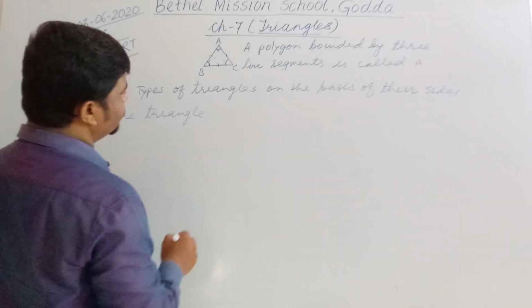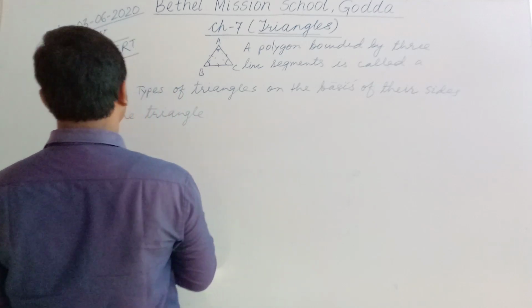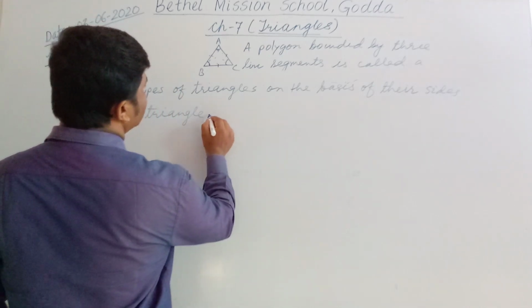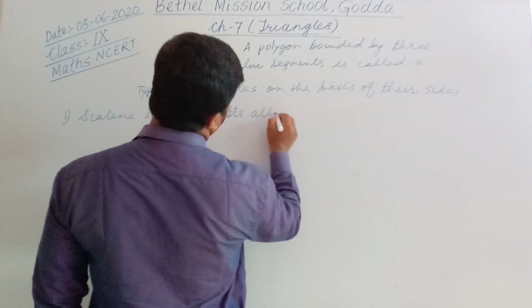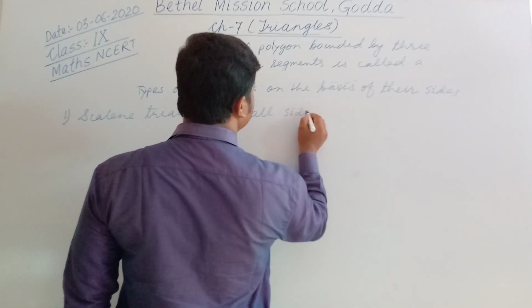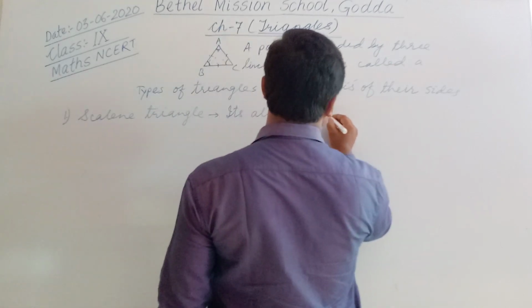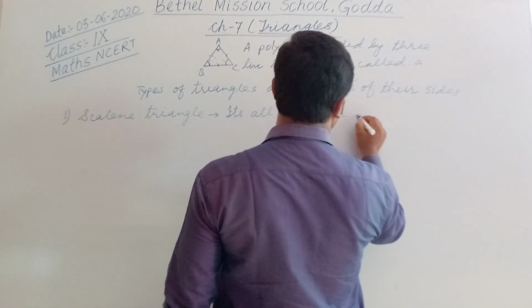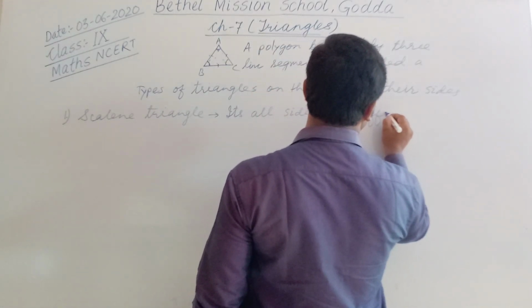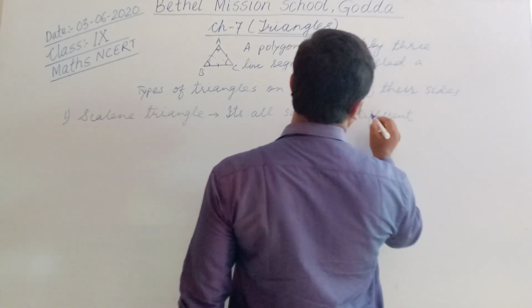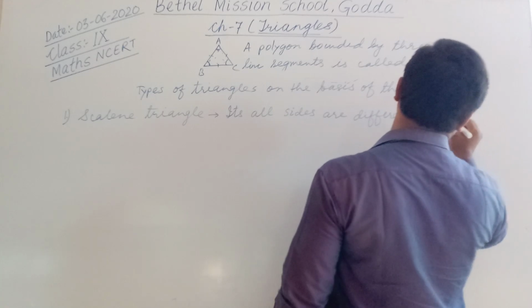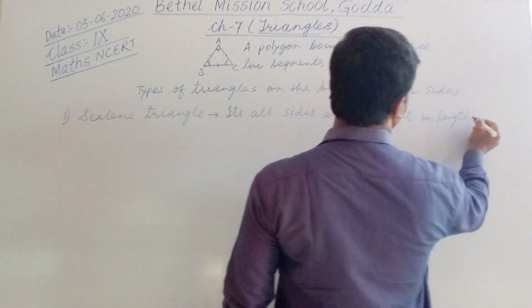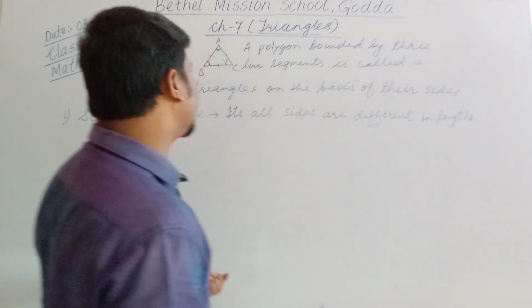Scalene triangle. What type of triangles are called scalene triangle? Scalene triangle means all its sides are different in length.